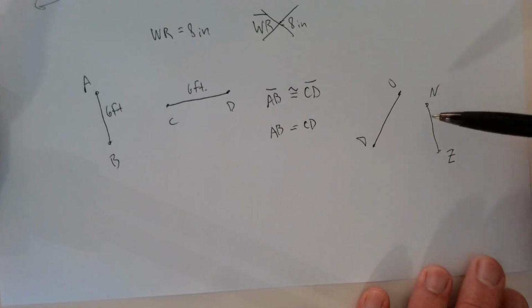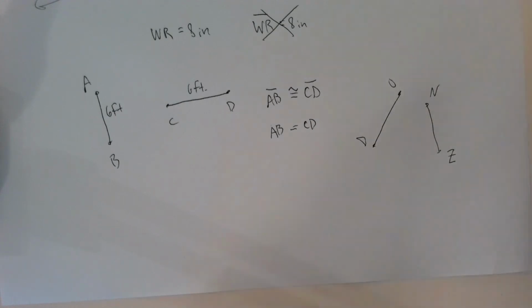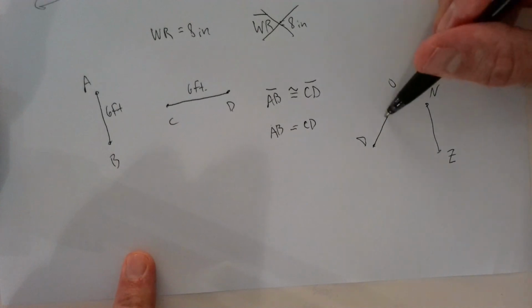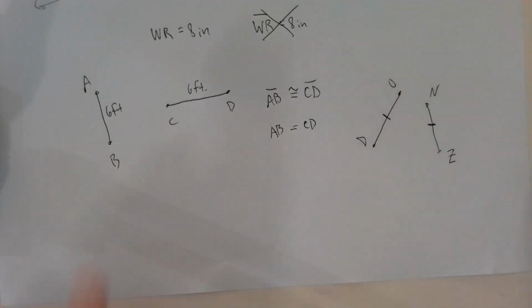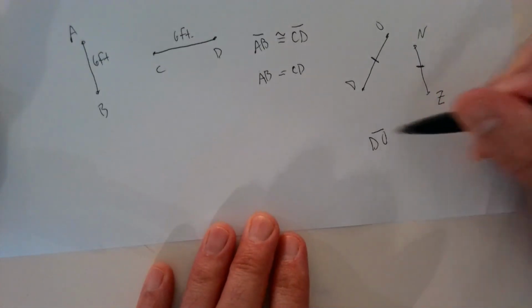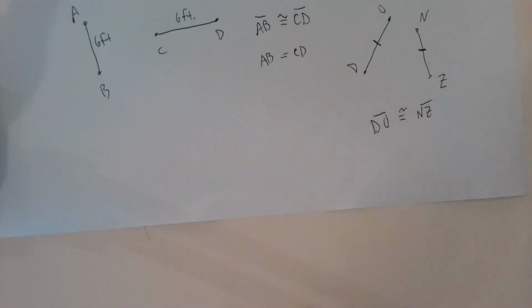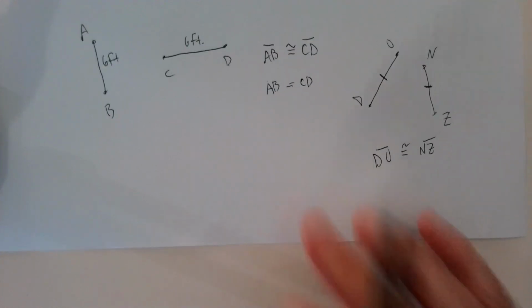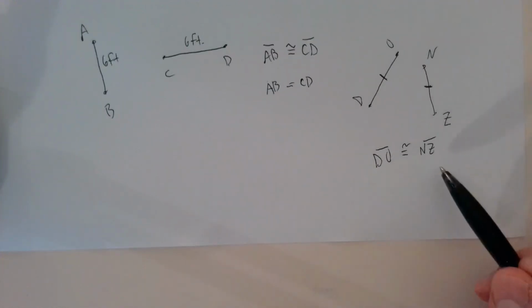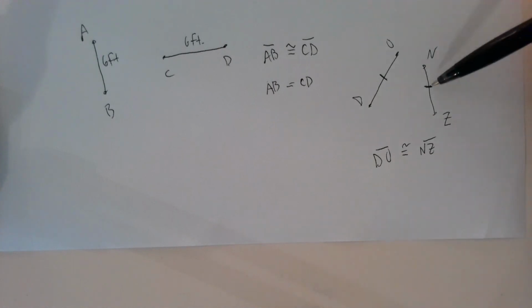So if you want to say that these two segments are congruent, and let's say that we don't even know the lengths, in a diagram you're going to see these little tick marks. So those tick marks are going to mean segment DO is congruent to segment NZ. Another way you could express a similar idea is you could say the length of DO equals the length of NZ. So they're going to put those tick marks on there.